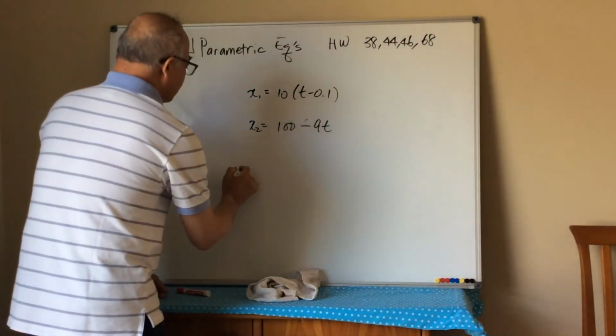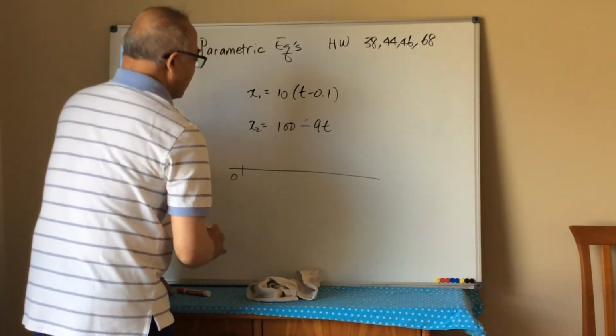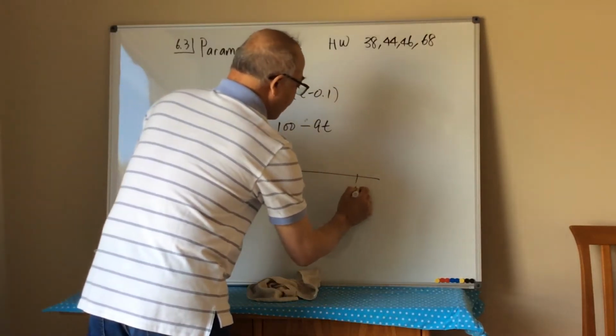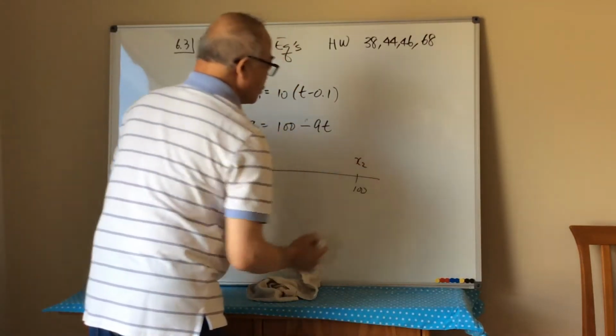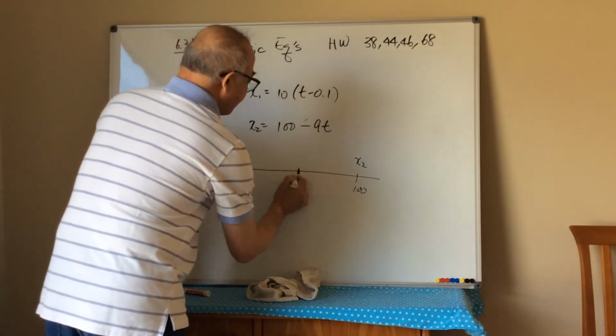So if you look at it, you have 0 here. You have x1 who is right here, and at 100 feet you have x2, and they're both trying to capture the flag that's in the middle at 50.